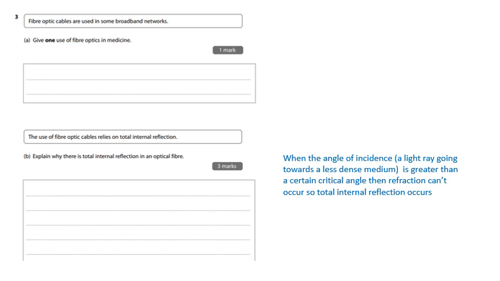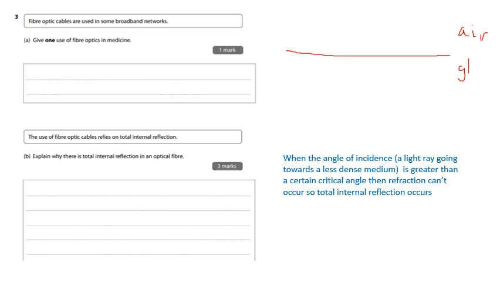Now, let me explain that if you don't understand it. This isn't for the paper, this is just for your understanding. So let's say we had glass and we had air. That's glass and that's air there.